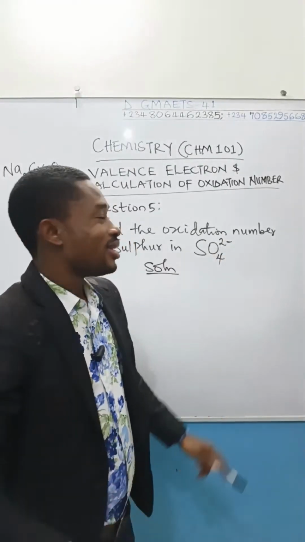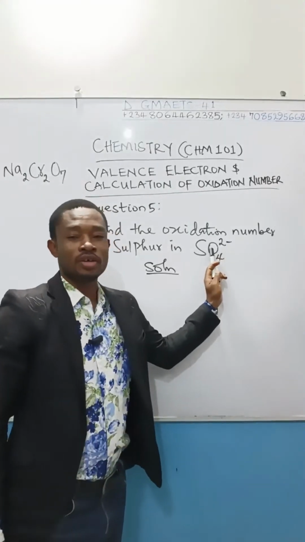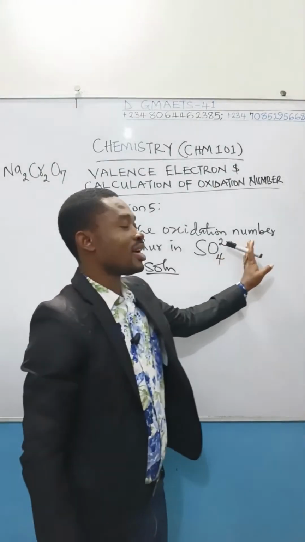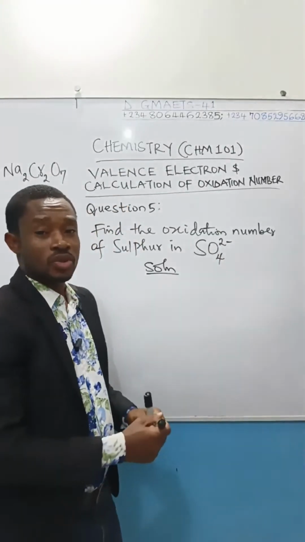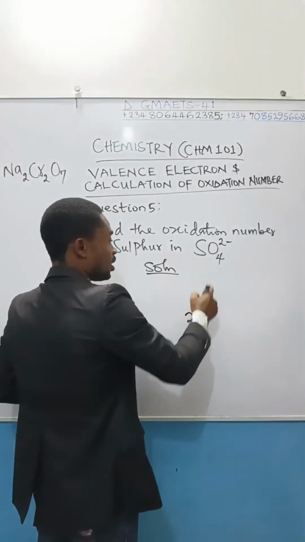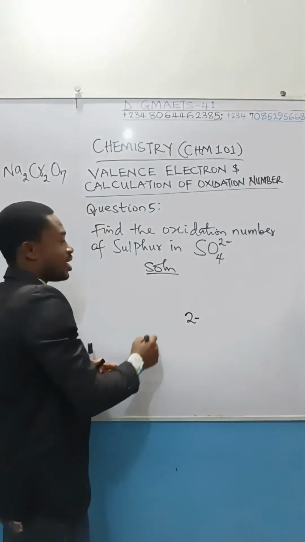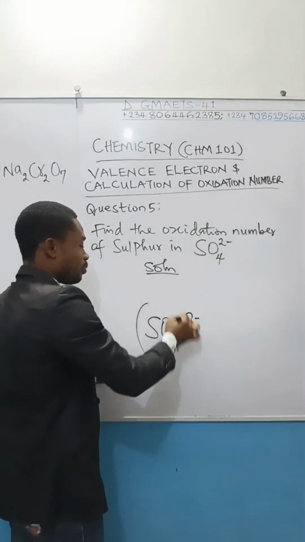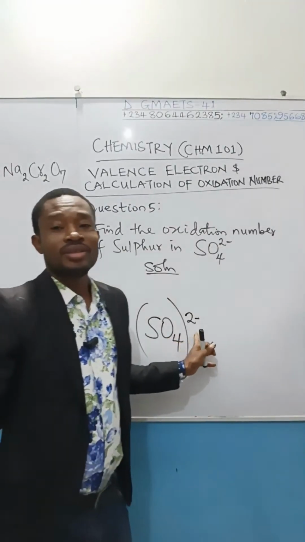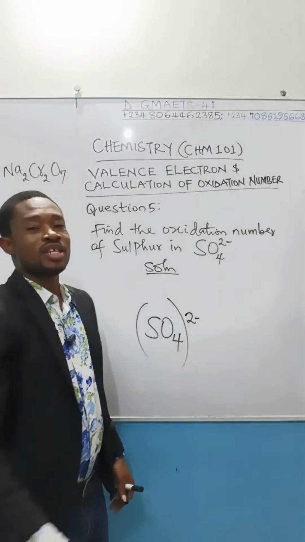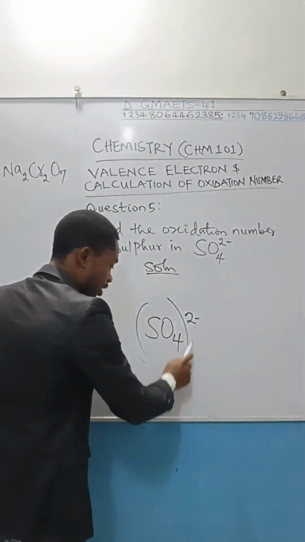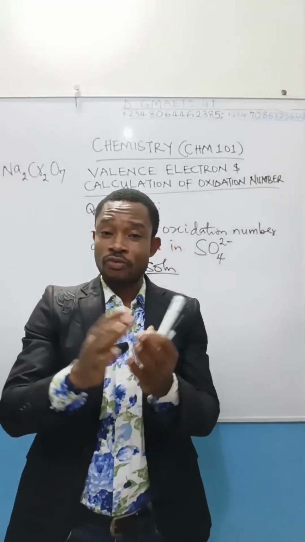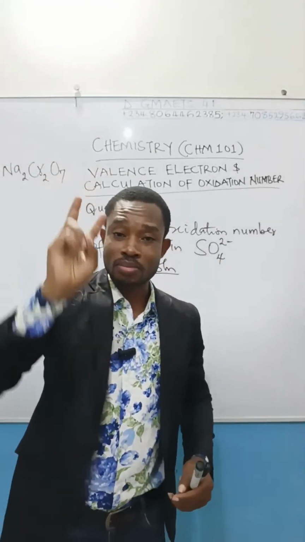Now take note. This minus does not belong to this oxygen, because this is the area that some students might be confused. See that 2 minus you're seeing there? It is not for oxygen. As a matter of fact, it is something like this, SO4 in brackets. Then the 2 minus is the oxidation number of all these things together. So the ion put together, SO4, its oxidation number is what? -2.